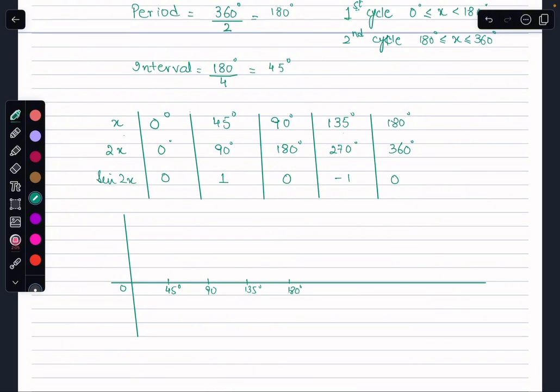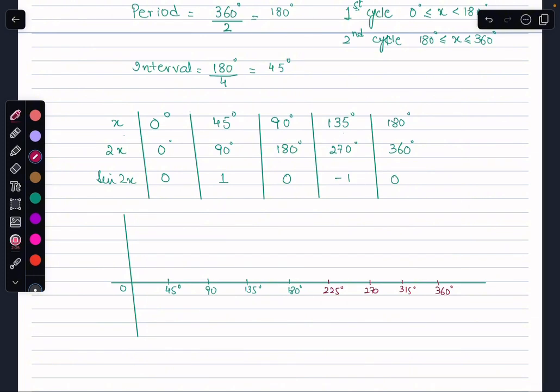Then for the second cycle, I can have 180 plus 45 giving me 225 degrees, plus 45 giving me 270 degrees, then 315 degrees, and finally 360 degrees here.